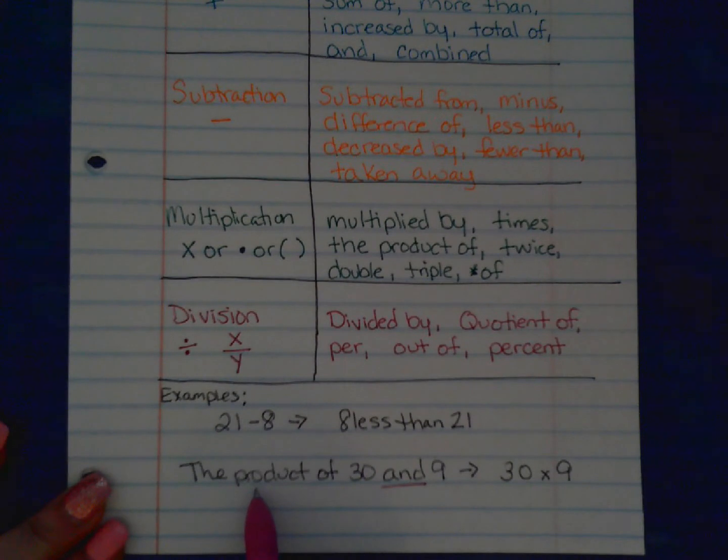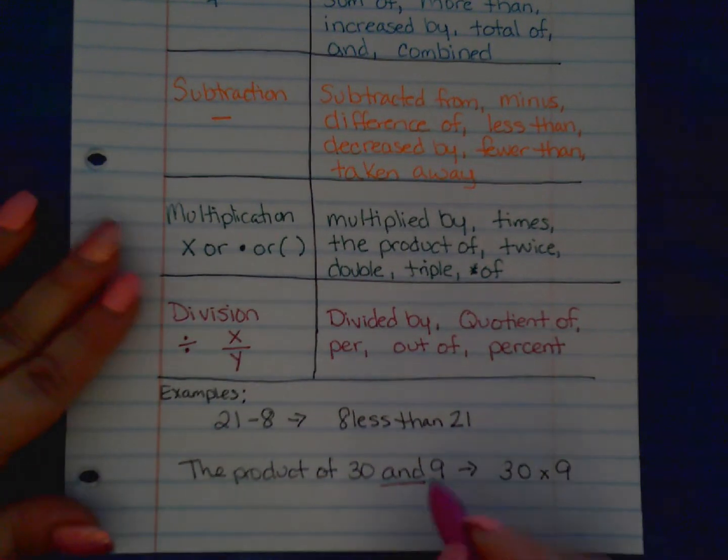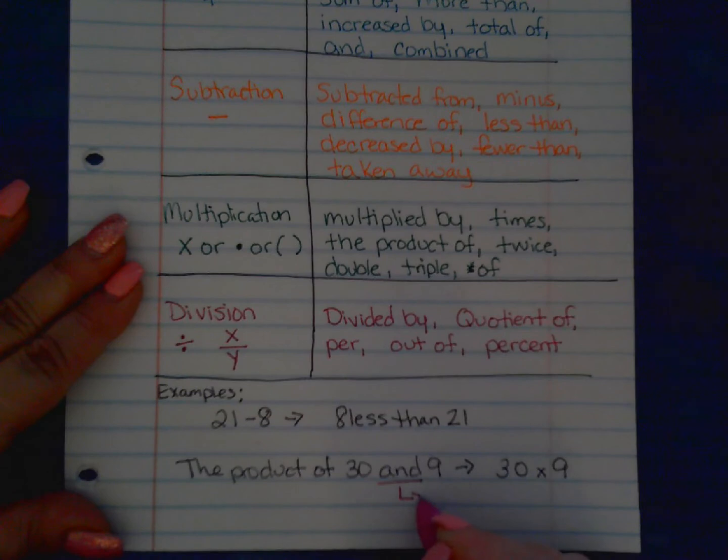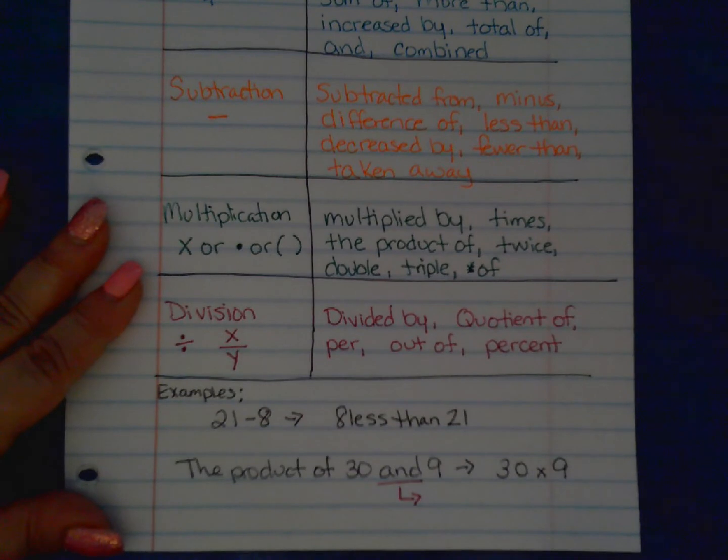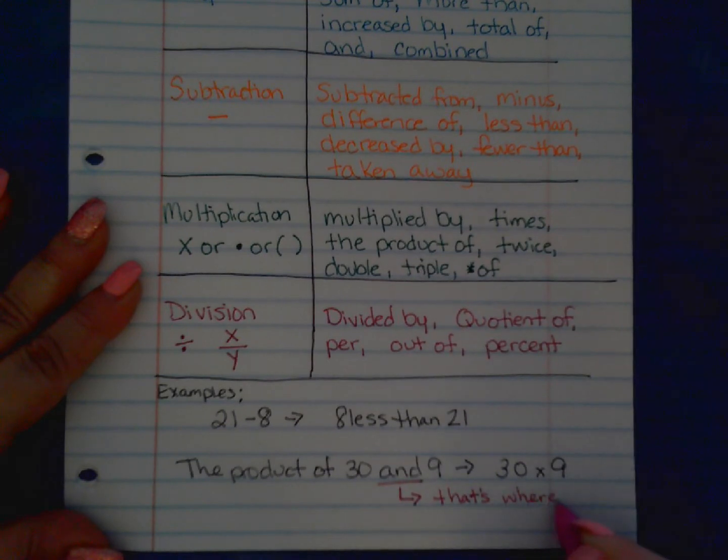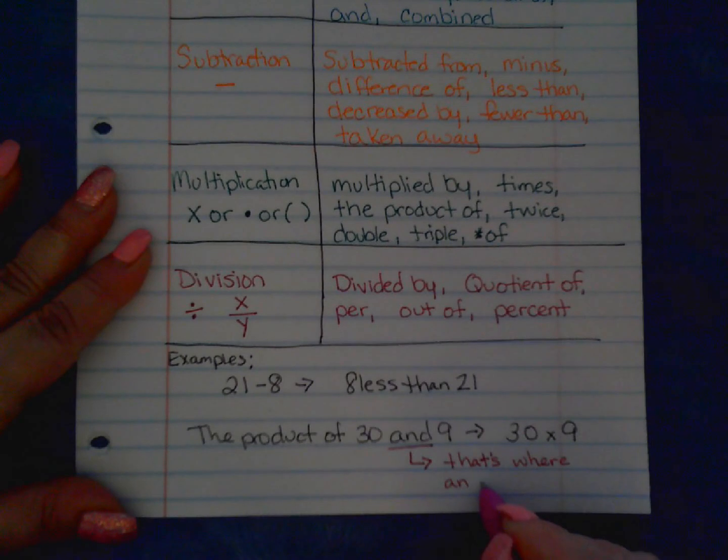You already know that there's some multiplication going on in here. When you see the and between two numbers, it means that's where an operation sign goes.